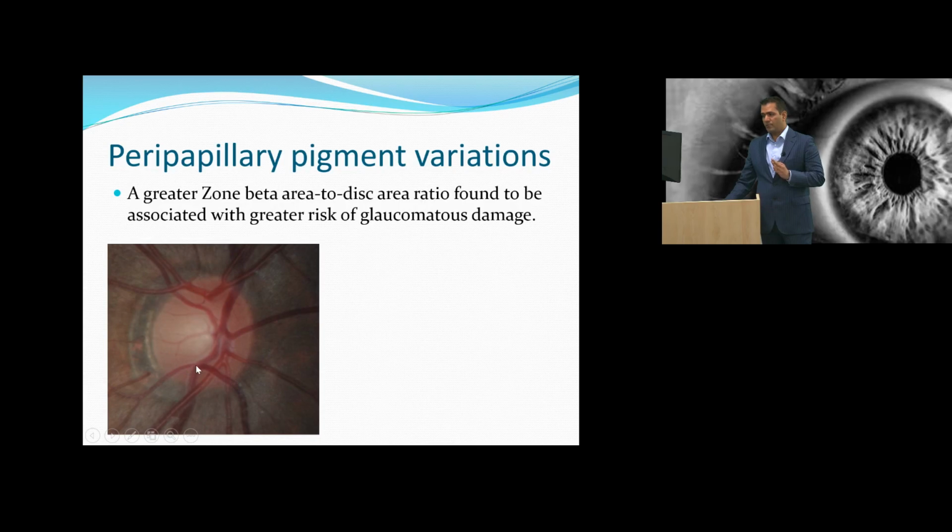Pink rim tissue, the cupping is not too large, and even though there is a large peripapillary atrophy, and if you did calculate the zone beta to disc area ratio, it would be large, this person is healthy. So just because there is peripapillary atrophy does not really mean that they have glaucoma. That's an important point to remember.